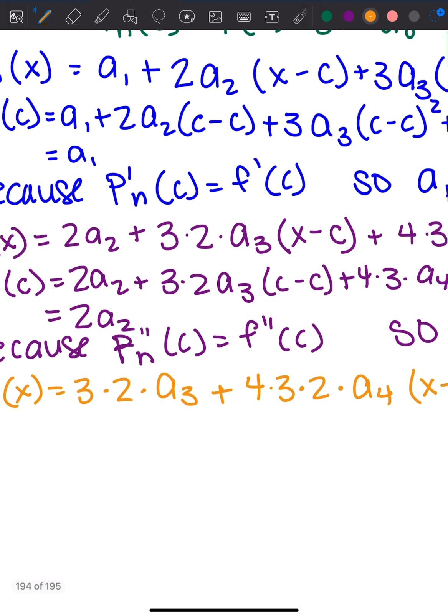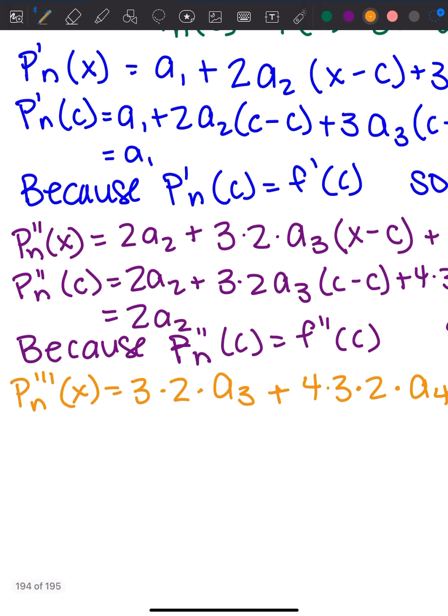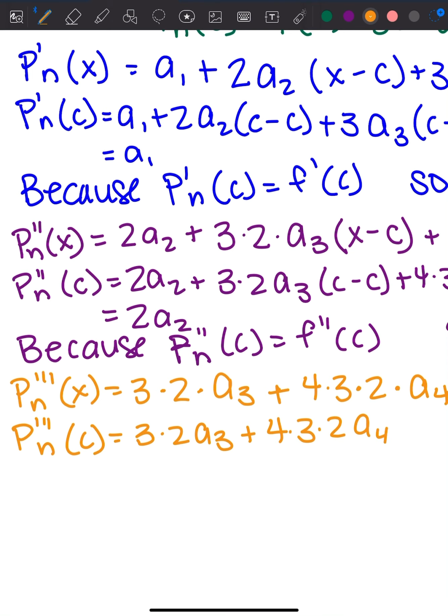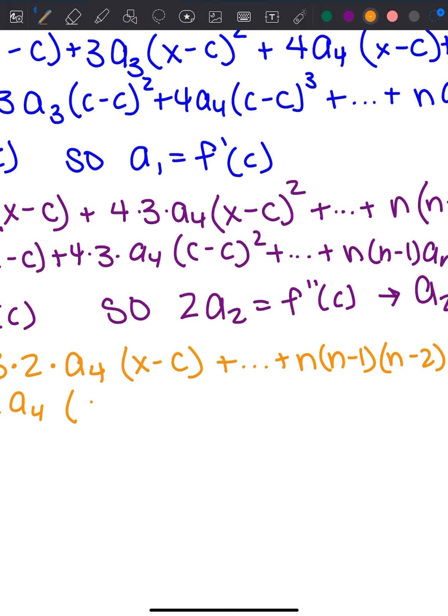If we plug in c for everything like we've been doing, everything is exactly the same, except instead of x, we have c. Once again, anywhere we have x minus c, we now have c minus c, so it is going to go away because it's going to equal 0.